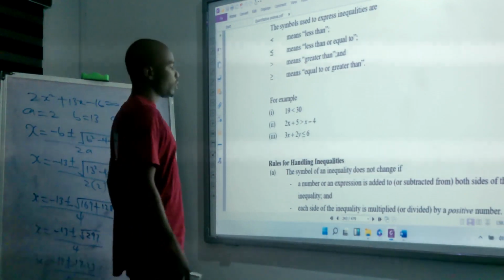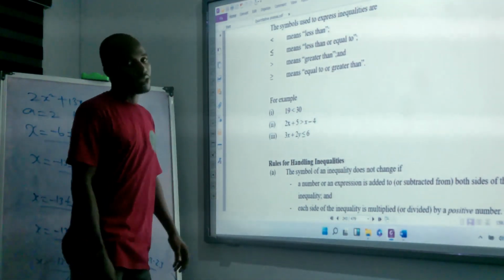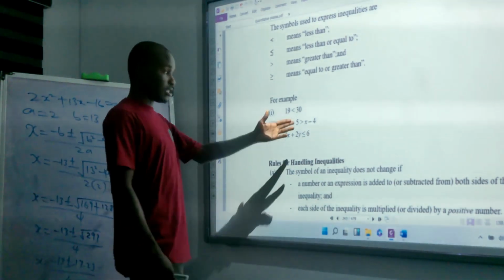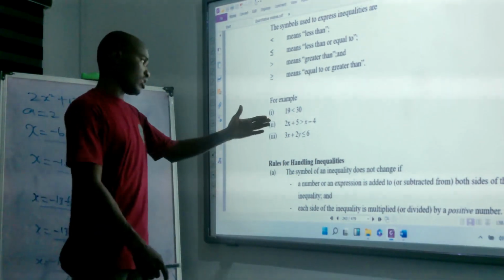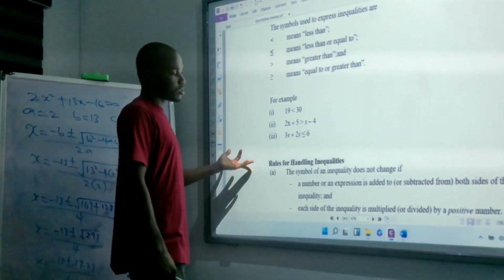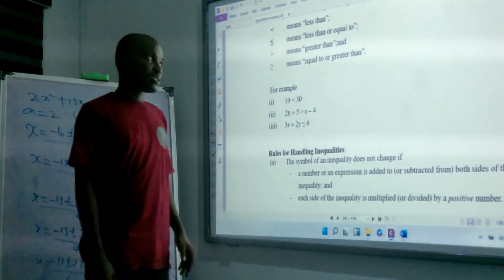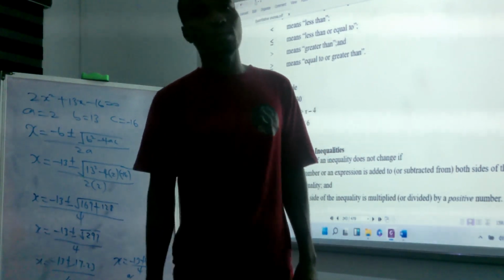These are examples. Everybody knows that 19 is less than 30. 2x plus 5 is greater than, okay, this is another example here. Depending on what the value of x is, that will be greater than that. And we have 3x plus 2y is 6. We have rules of inequality. I think I explained that in the introductory video of business mathematics.